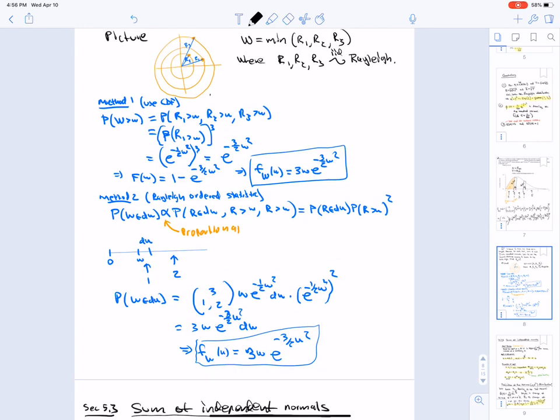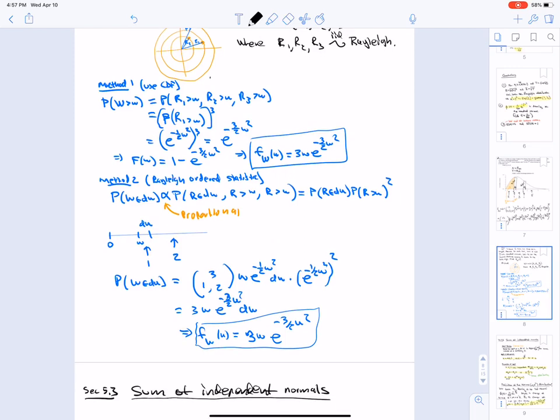And so the probability that W is in dw is proportional to the probability that we have R in dw, R greater than w, and R greater than w. And so the constant is 3 choose 1, 2 here that I'm not writing.